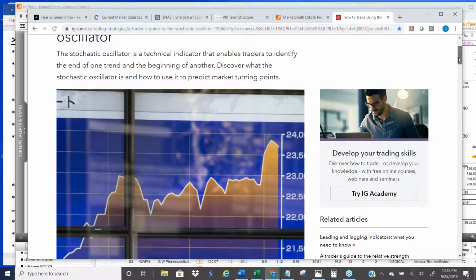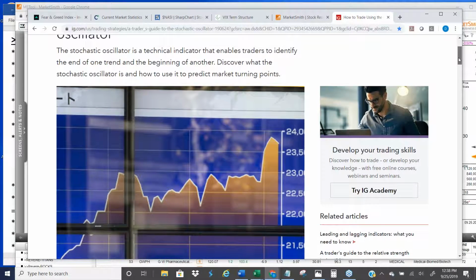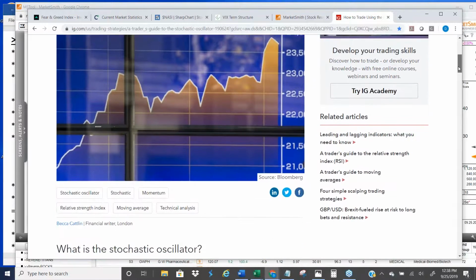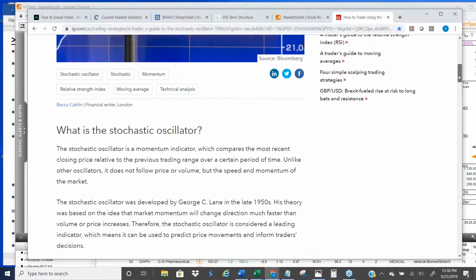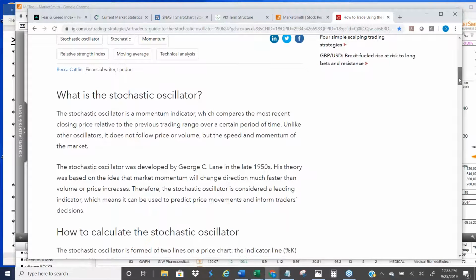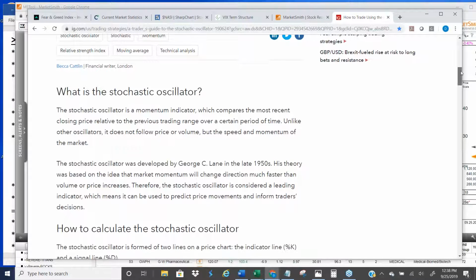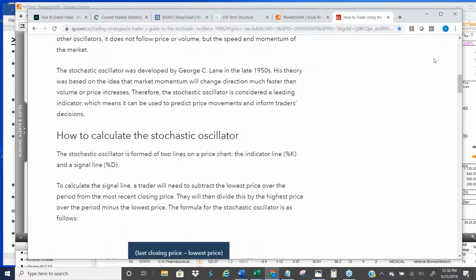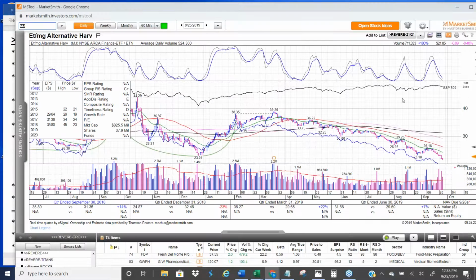It's a technical indicator used to predict turning points, the end of a trend, the beginning of another. We've already shown what's overbought and oversold, and pretty simply, it's a momentum indicator. It compares the most recent closing price to the previous range over a certain period of time, and it uses a 3-day moving average. So back to the chart here, the moving average is the thick blue line.